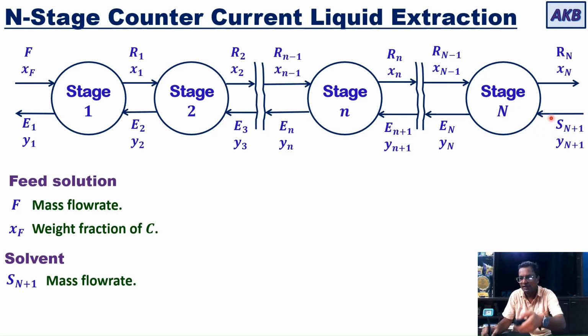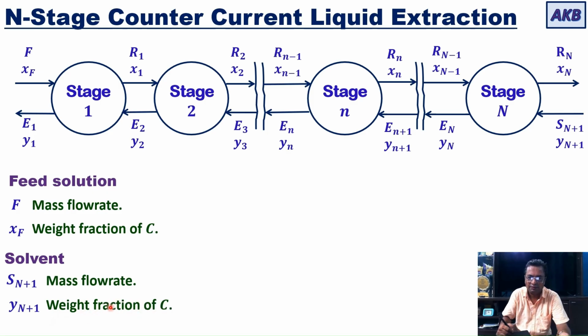Now since there is no stage after nth stage, I have considered an imaginary stage, and that stage is N plus 1 stage. So the fresh solvent that is admitted to N stage, we are considering it to be coming from an imaginary stage. And what is the number of that imaginary stage? It is N plus 1. So S N plus 1 is the mass flow rate. Y N plus 1 is the weight fraction of C, weight fraction of solute in this solvent.